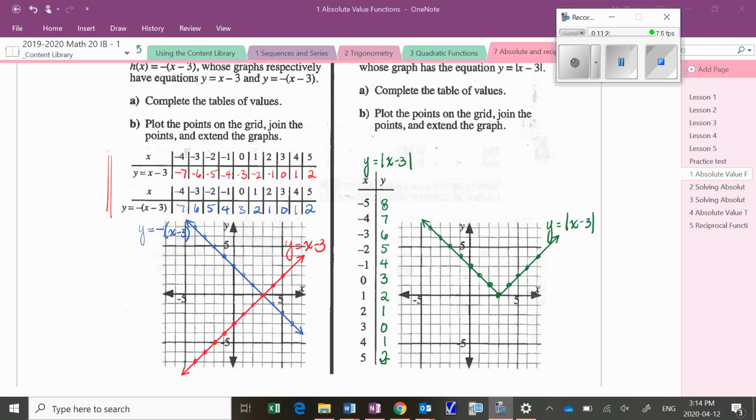Okay, so hopefully what we notice is exactly the same as what we had on the previous page, and that is that when y is greater than or equal to 0, the graphs look the same in quadrants 1 and 2.